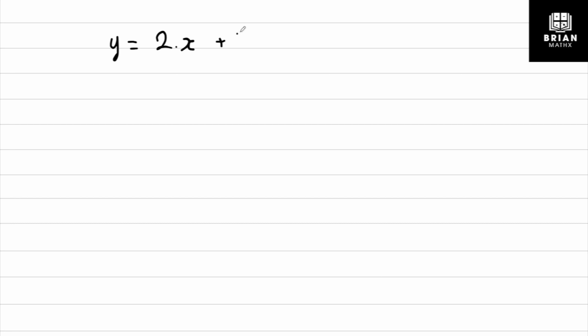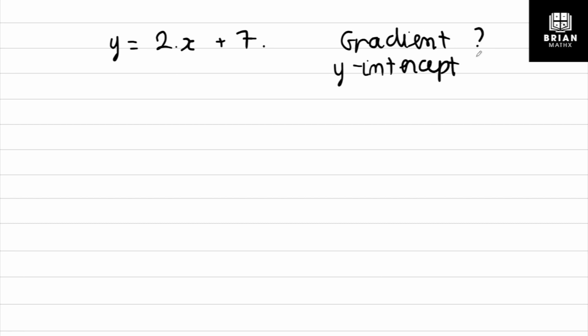Another kind of question about this form will ask you, what is the gradient of this line? What is the y-intercept of this line? The gradient of this line is given by m. So m equals 2, and for this equation the gradient is 2.